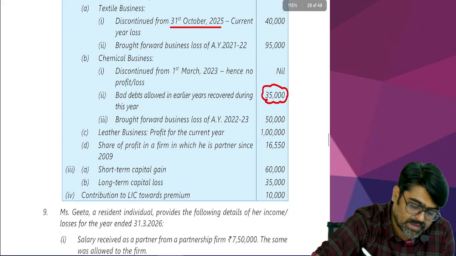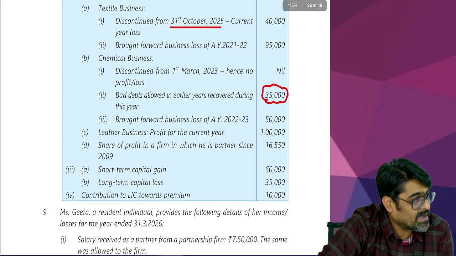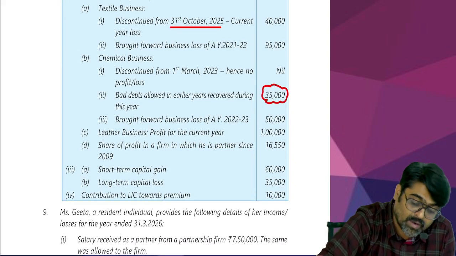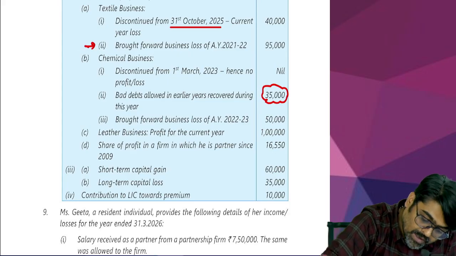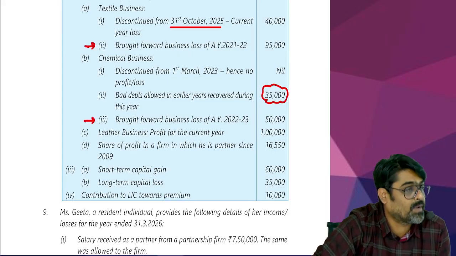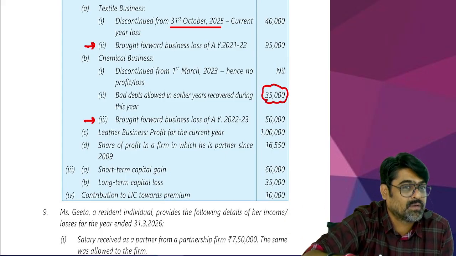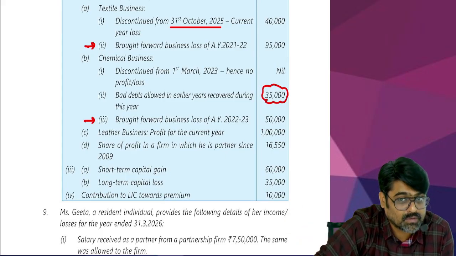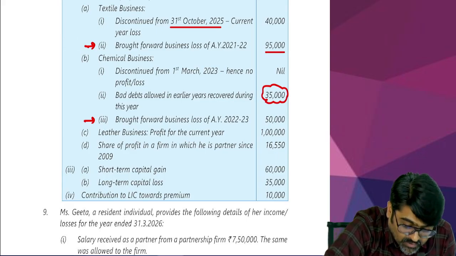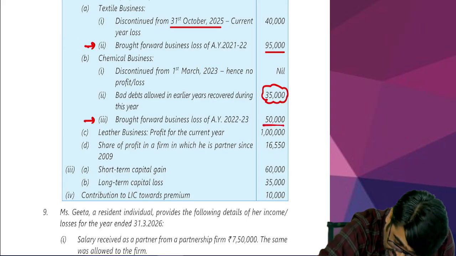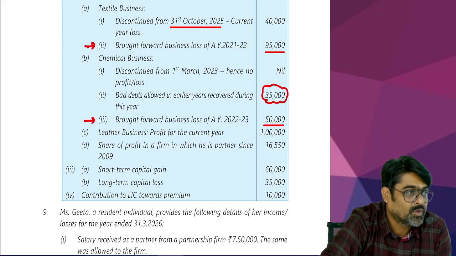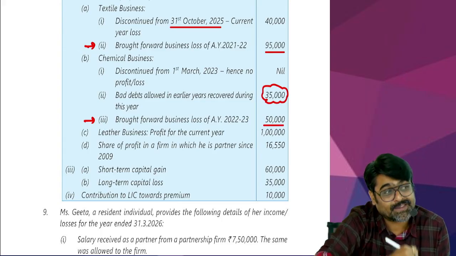Understanding? Next one. Oh my God, this chemical business is also having a loss, a brought forward loss. So now how many brought forward losses do you have? 1 and 2 brought forward losses. Earlier year losses. Which is the oldest loss? 95,000 is oldest or 50,000 is the oldest? So which should be set off first?